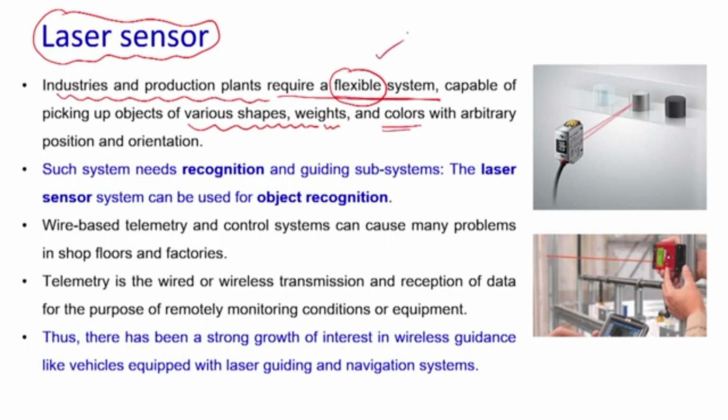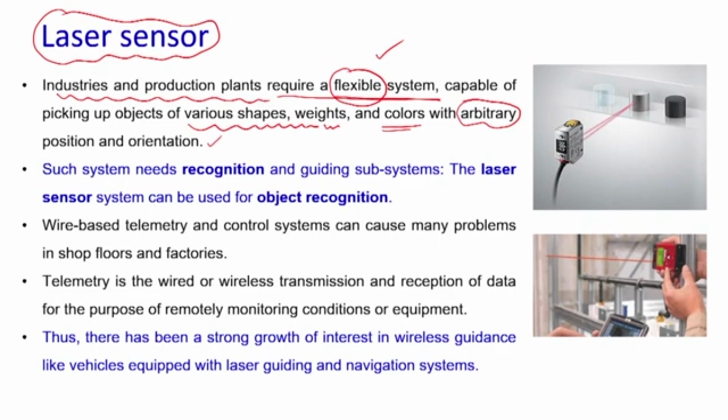These are the things that we are regularly doing. But when we are handling such parts, which have different shapes, weights and colors, and these parts are located in the industry or at the shop floor in an arbitrary position or orientation.